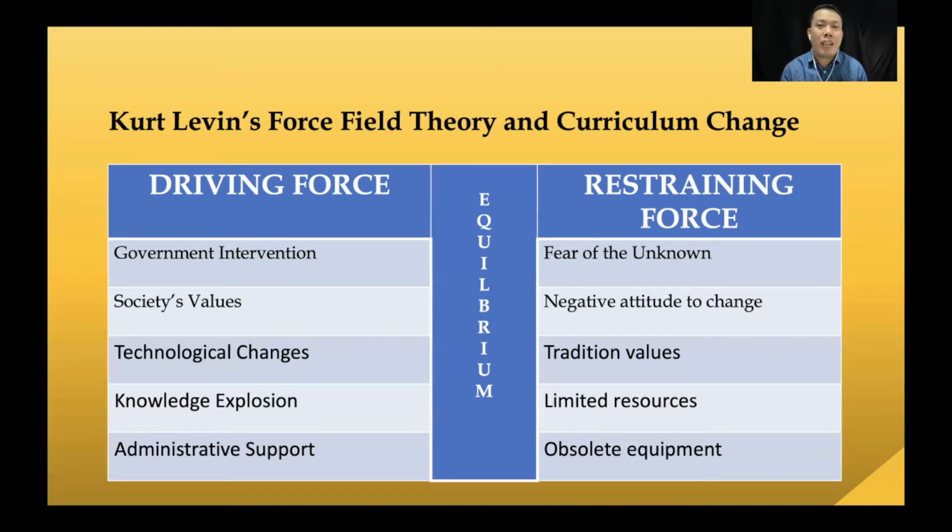On the other hand, they did not know what the outcome would be. Simply because they did not know what lies ahead beyond the implementation of senior high school, there is the fear of the unknown.